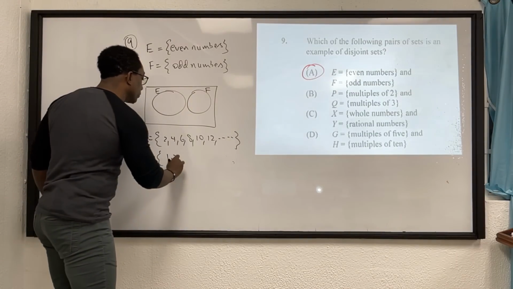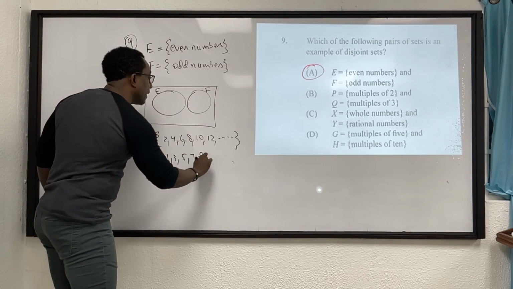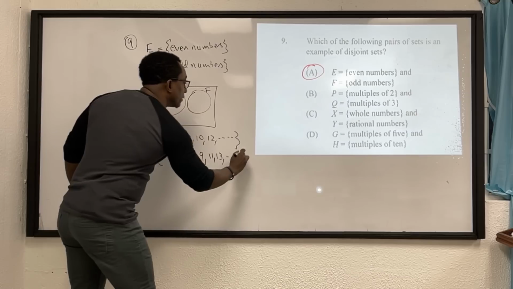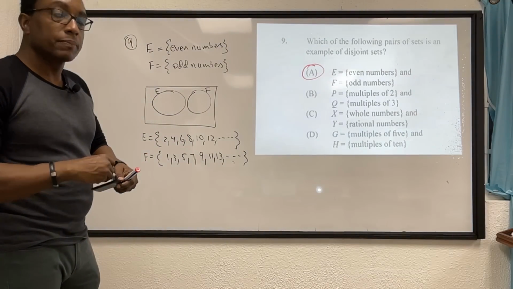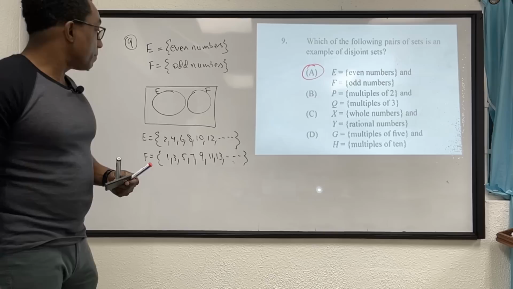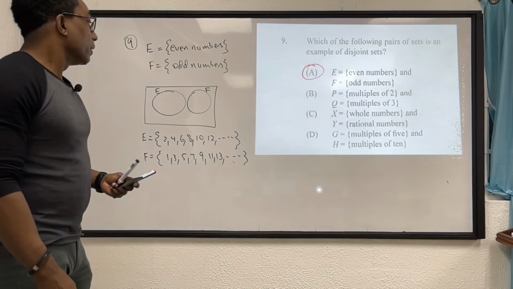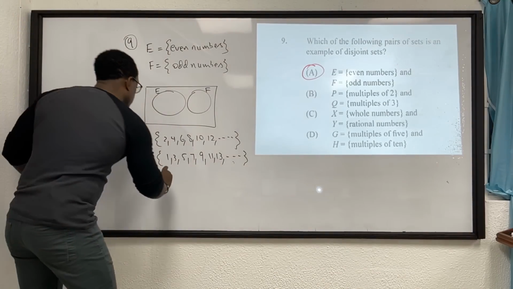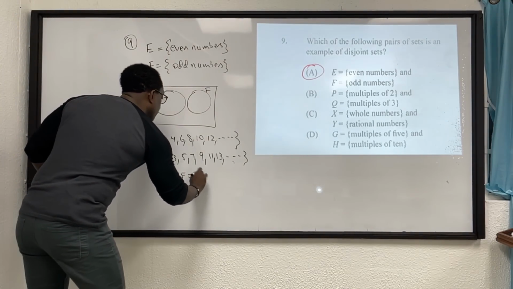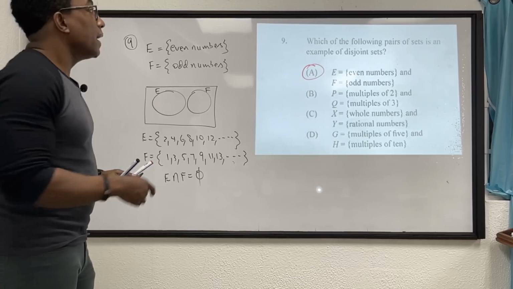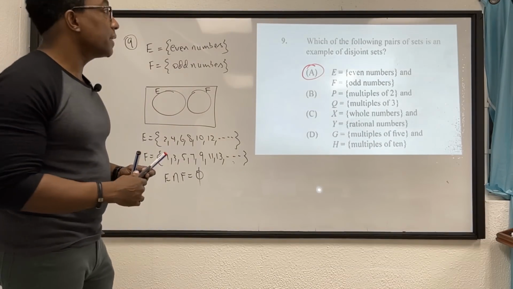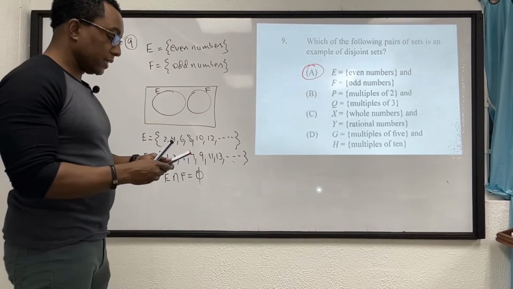You're looking at 1, 3, 5, 7, 9, 11, 13, and so on, all the way to infinity. If we look at those two sets, we have no elements common to both. Therefore, the intersection of sets E and F will be represented by the empty set. No common elements, and hence it represents disjoint sets. Our answer there will be E for question 9.